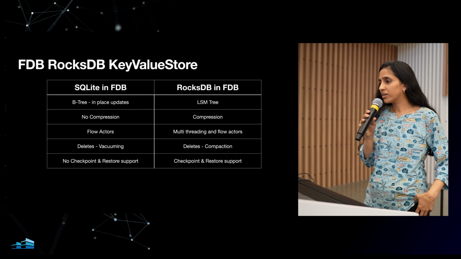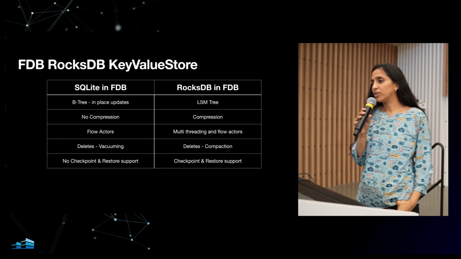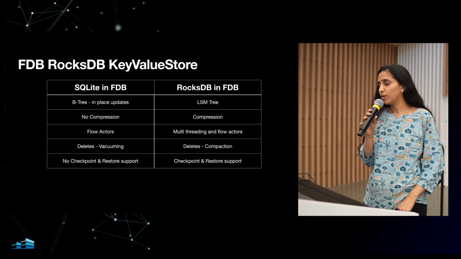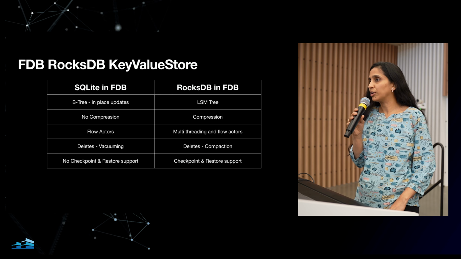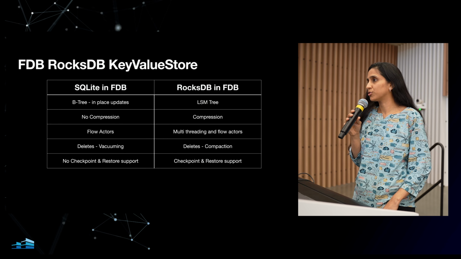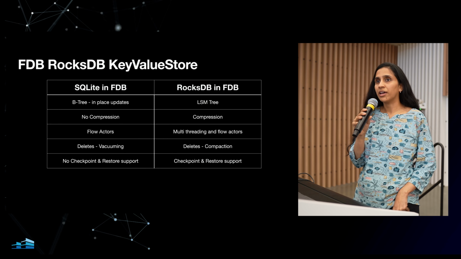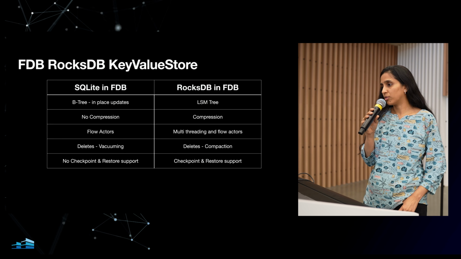So here is a quick side-by-side comparison between the first initial storage engine, SQLite, and the RocksDB storage engine. SQLite uses a B-tree and does in-place updates, whereas RocksDB uses a log-structured merge tree and mostly tries to merge the SSD files instead of doing in-place updates. SQLite doesn't have any compression support, whereas RocksDB does.